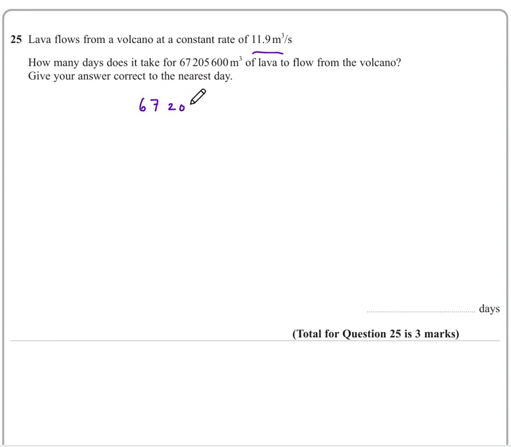Let's take our volume of lava and divide it by 11.9. That's going to give me an answer of 5 and so on, and that's going to be seconds. So we're looking at around 5 million seconds.